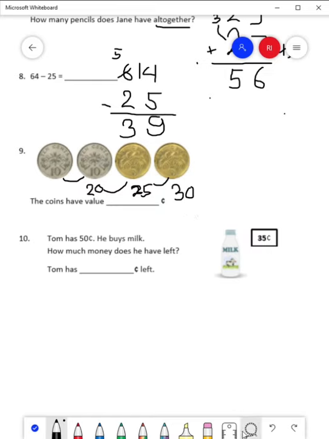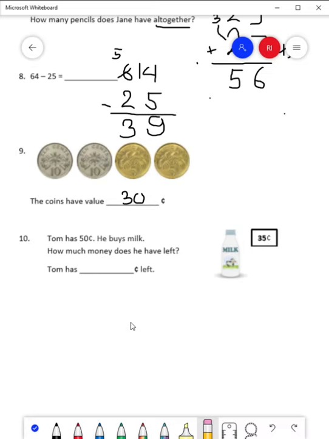Okay, so the coins have a value of 30 cents. Okay, so let's just move to the last question, question number 10.